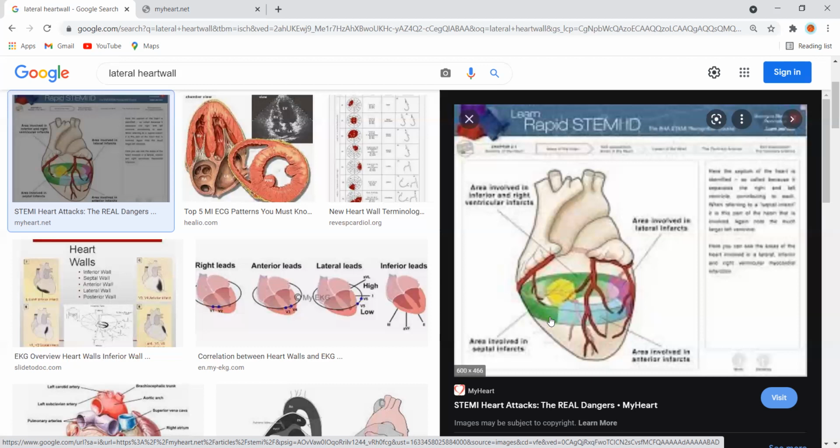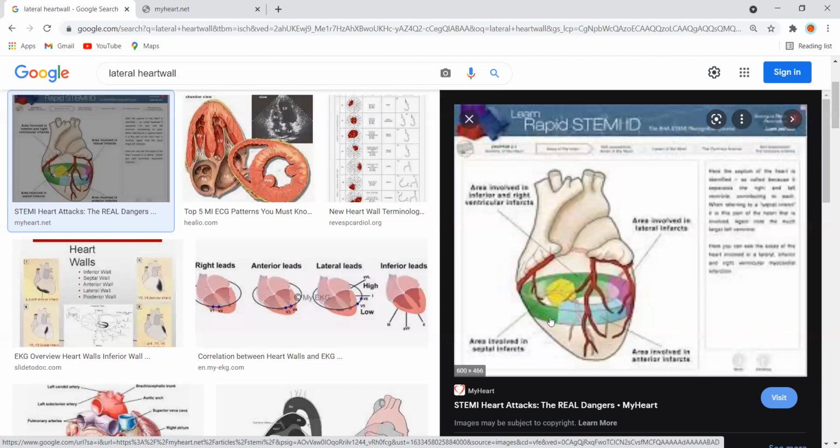Left side of the heart is large and right side of the heart is small. So which will become depolarized first, the large one or the small one? The smaller area will be depolarized first, and the smaller area is the right side of the heart. So the right side of the heart will depolarize first and the left side of the heart will be depolarized later.